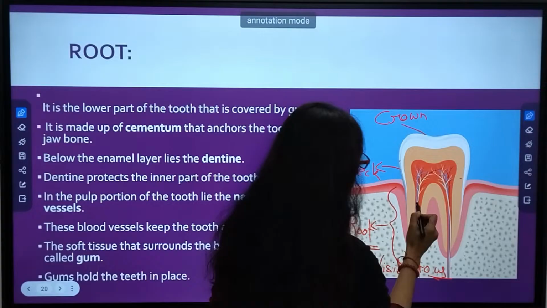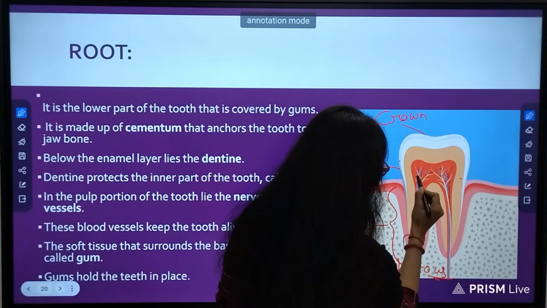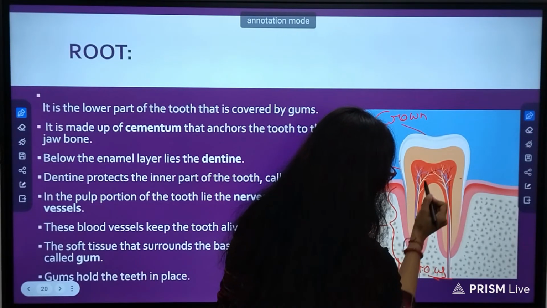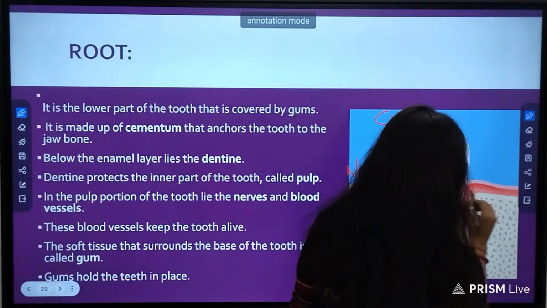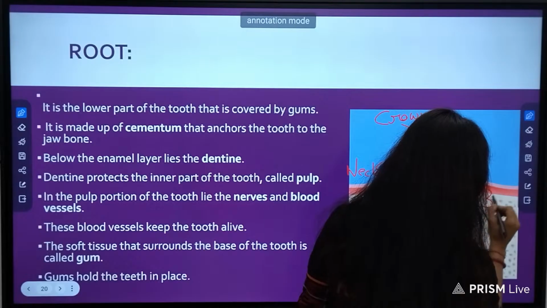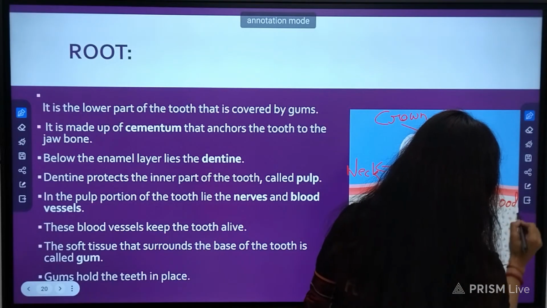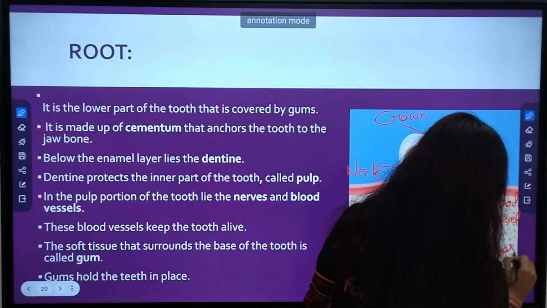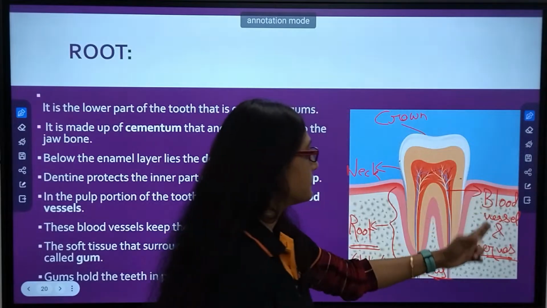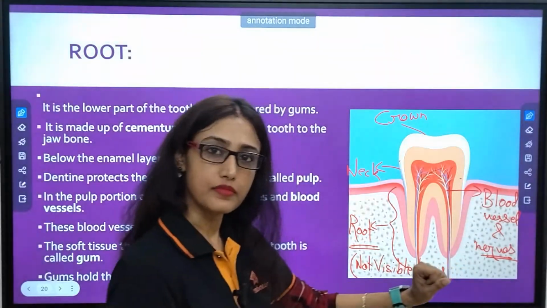Right? And see, the red and blue color and white color, what are these things? These are nothing but blood vessels and nerves. Right? These are blood vessels and nerves.